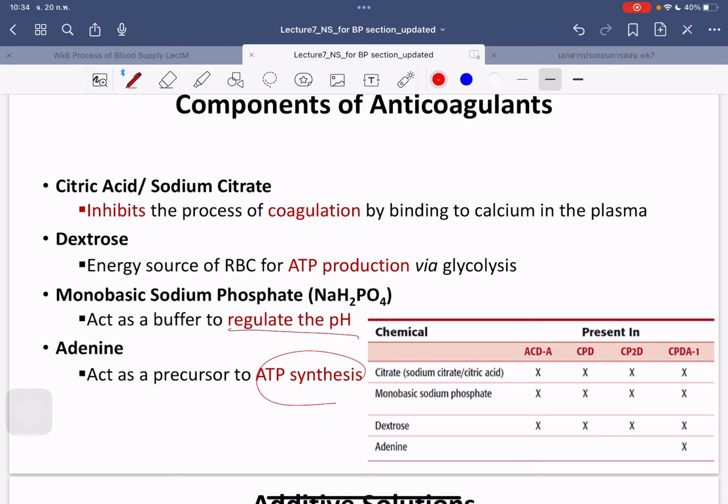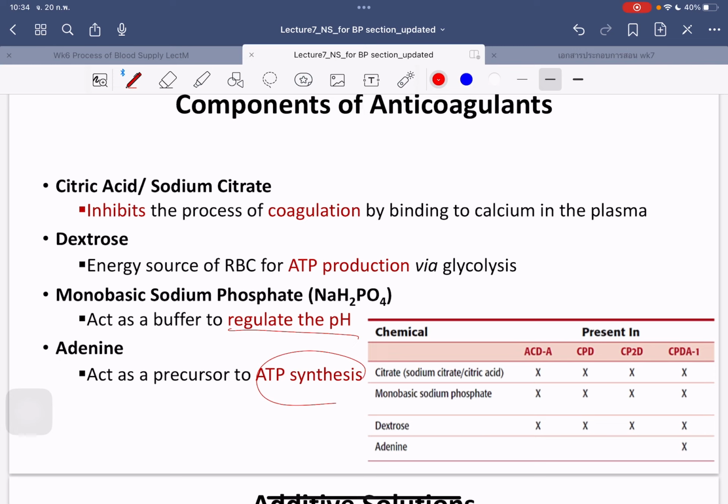So as I asked you, is a shelf life of just 35 days enough? Is it better if we can extend the shelf life of the red blood cells? Right now we have another solution, that is additive solutions. If you add this to the blood bag, it can extend the shelf life from 35 days to 42 days.